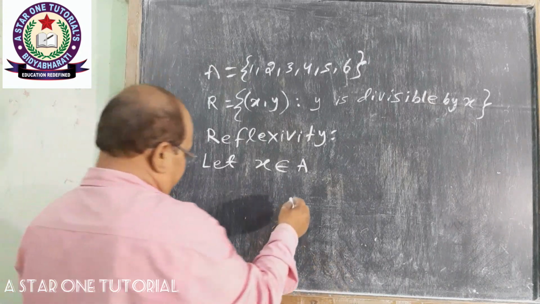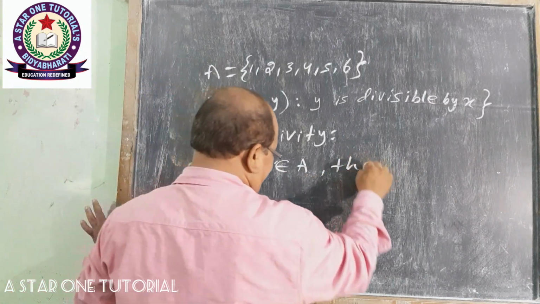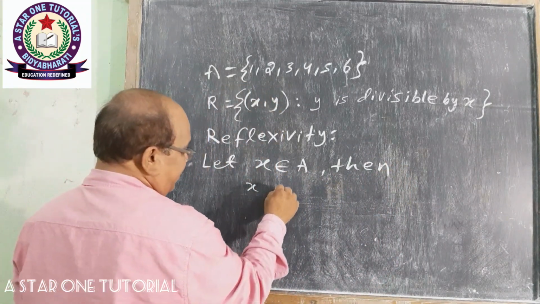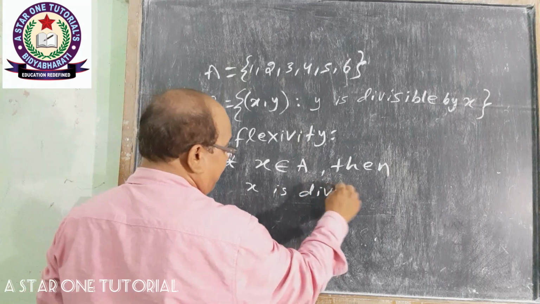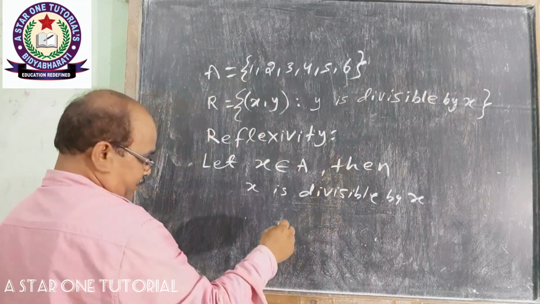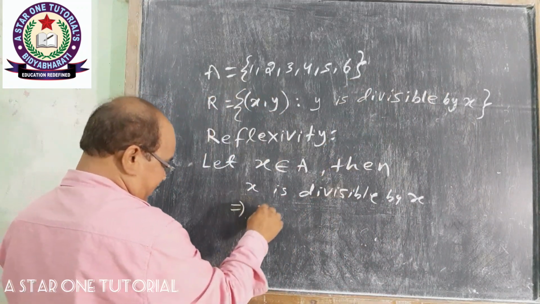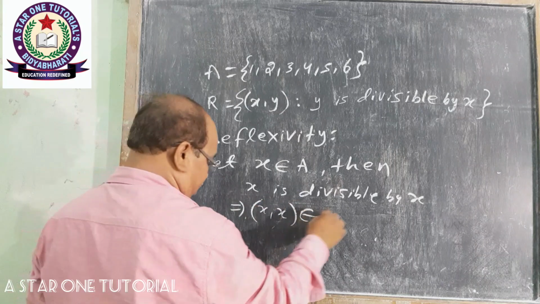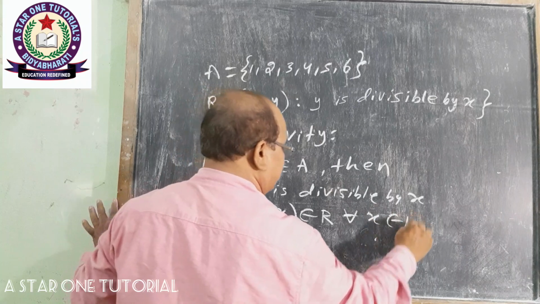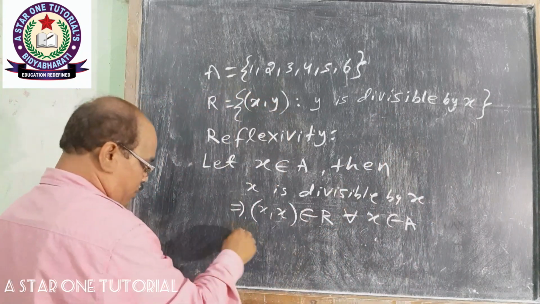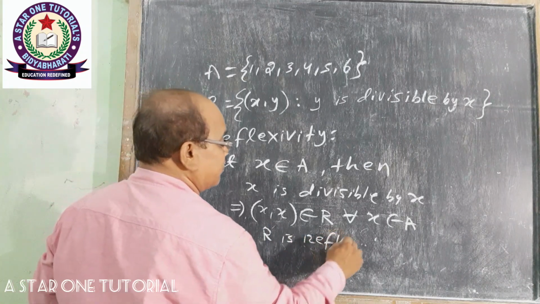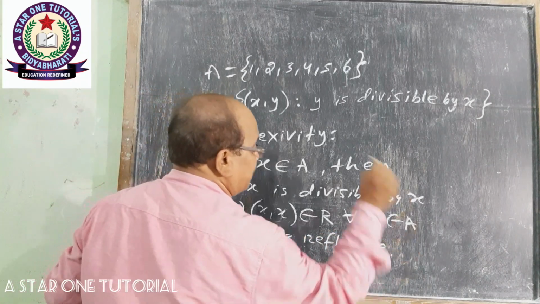Then we can write that x is divisible by x. That means the pair (x, x) belongs to R for all x belonging to A. Therefore R is reflexive.